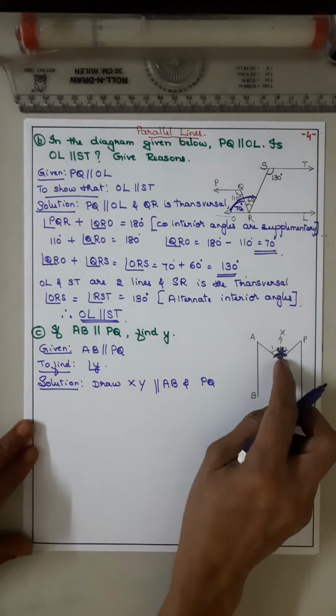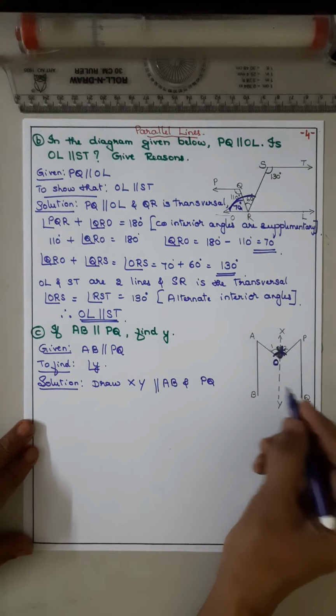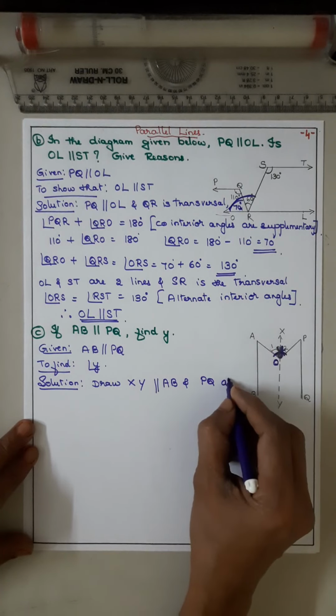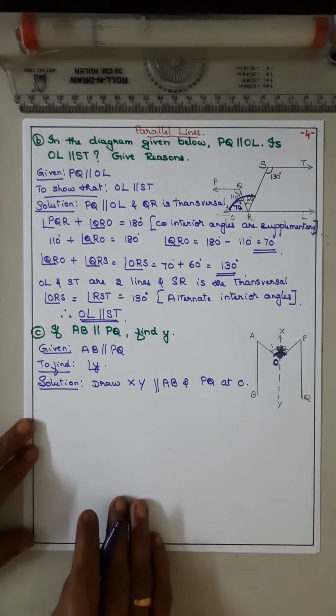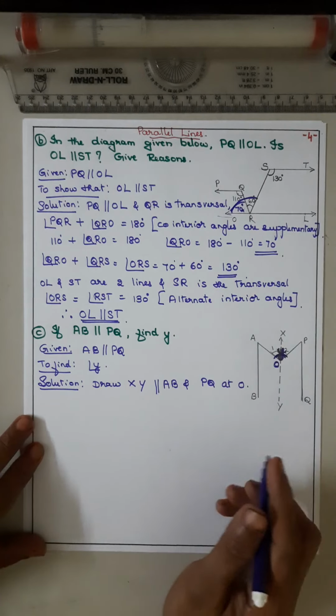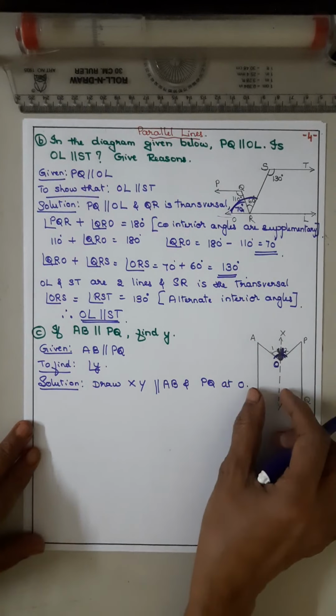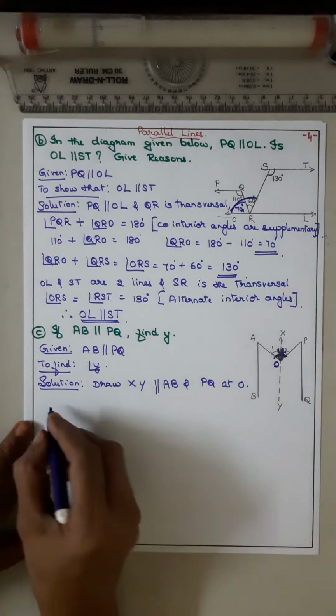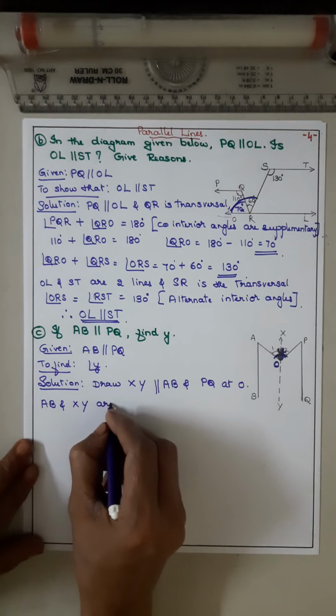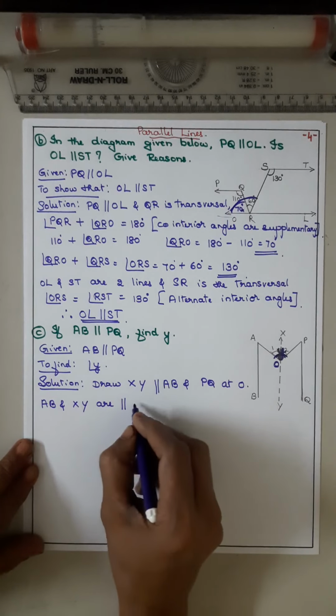At this point O. Now, if you take AB and XY, first take these two lines. Now, AB and XY are parallel lines.